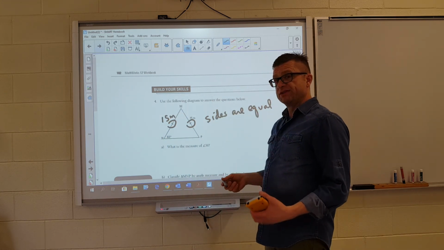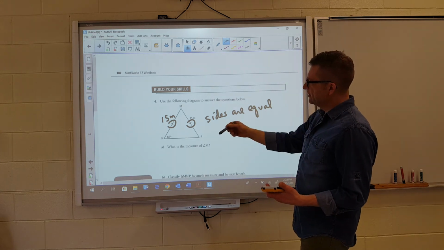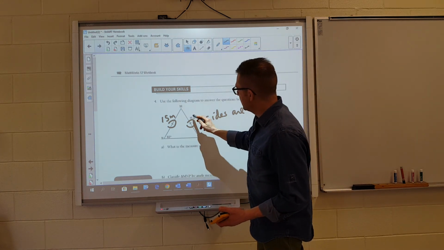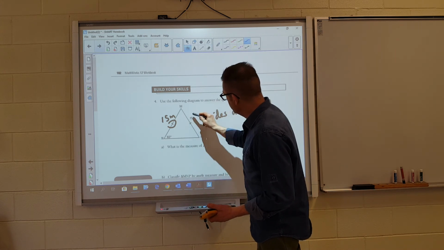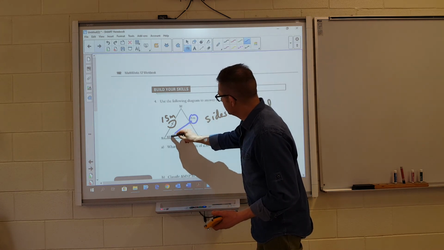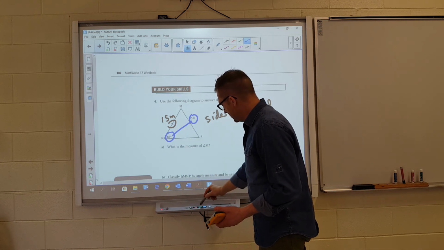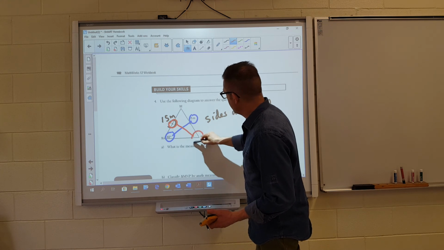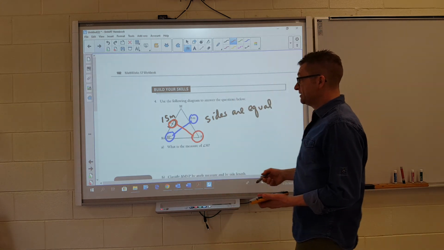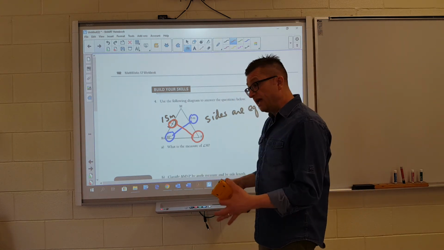Now, if the sides are equal, then their corresponding angles, in other words, the connected angle, so if I just use blue for this one, that 15 is connected to the 60, and this one here is connected to that one there. Now, the cool thing is, if they're both 15, then their angles are also the same.